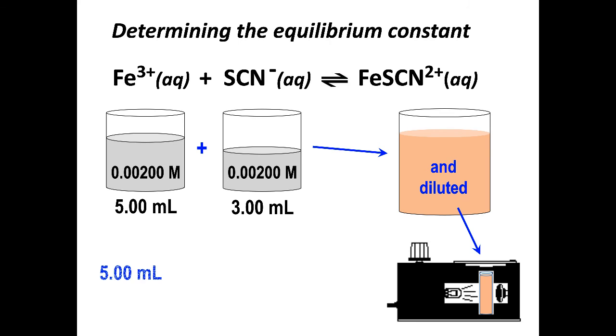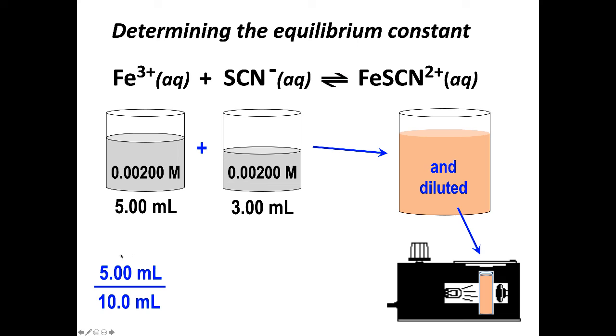Now, once again, we have to remember we have dilution taking place. So I'll just do this example for one of the solutions. You'll have to do it for both of them. So let's say that we have 5 milliliters of the 0.002 molar Fe3+, but then we combine that with 3 milliliters of the SCN- and then 2 milliliters of water to make a total of 10 milliliters of solution.